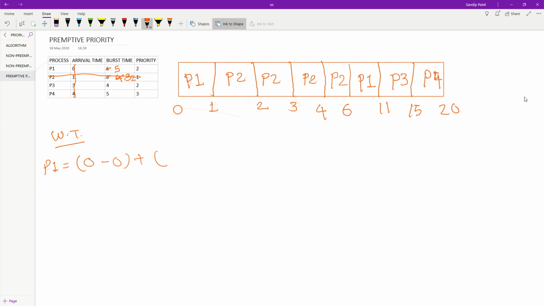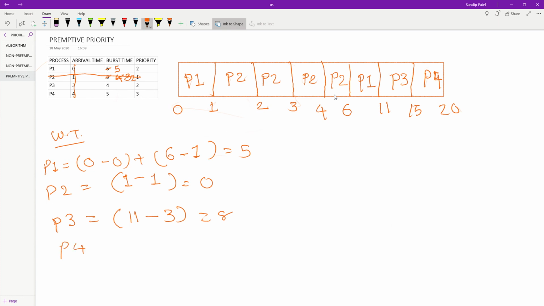It comes out of the CPU at 1 millisecond and enters the CPU again at 6 milliseconds, so 6 minus 1 is 5 milliseconds. For P2, the first response is generated at 1 millisecond and it arrives at 1 millisecond, so the waiting time is 0. For P3, the first response is generated at 11 milliseconds and it arrives at 3 milliseconds, so it is 8.